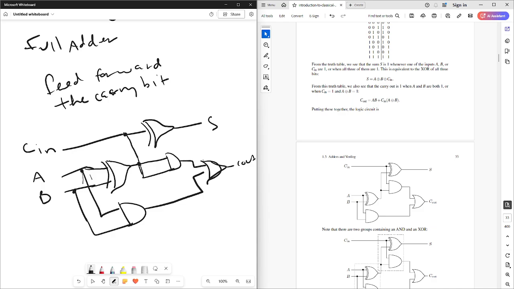And okay, so the XOR of A and B gives us the sum of A and B, and then we bring that up. So this needs to come up like so.